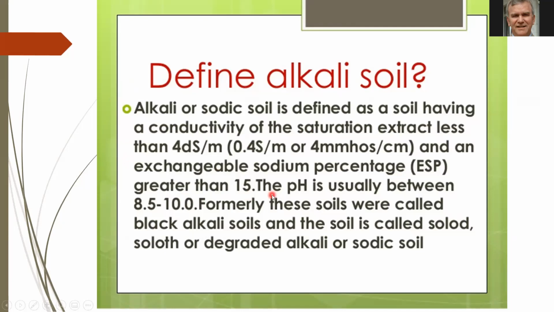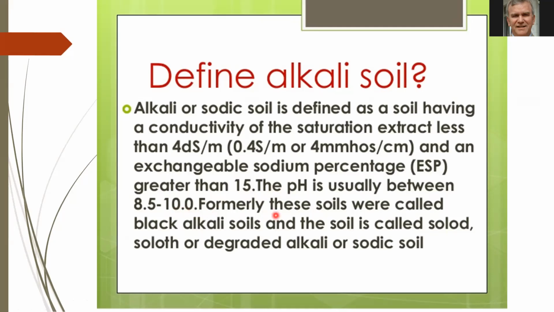That is a very important number and is the number that you're most likely to see on a soil test, is the percent of exchangeable sodium. 15 would be considered a high number. The pH is usually between 8.5 and 10. That's the pH measurement.